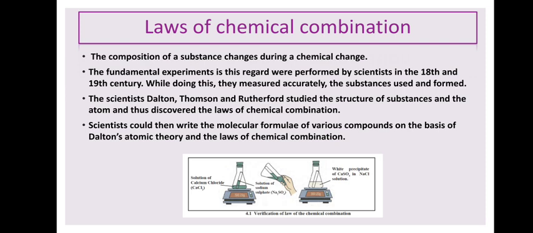In this particular diagram, there are two compounds which we are using, calcium chloride along with sodium sulfate, right? In the test tube, sodium sulfate is there, and in the conical flask, calcium chloride is there. When you allow the reaction to take place, correct? First we have measured it, right?